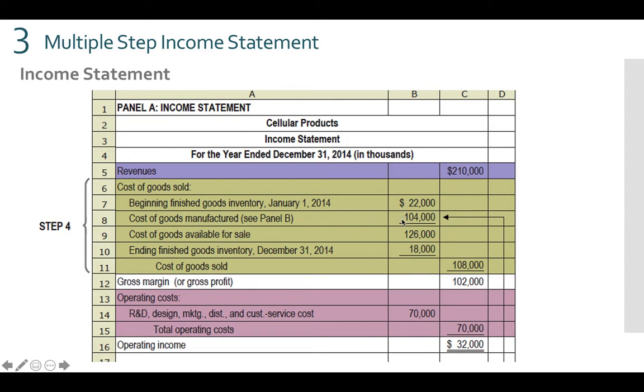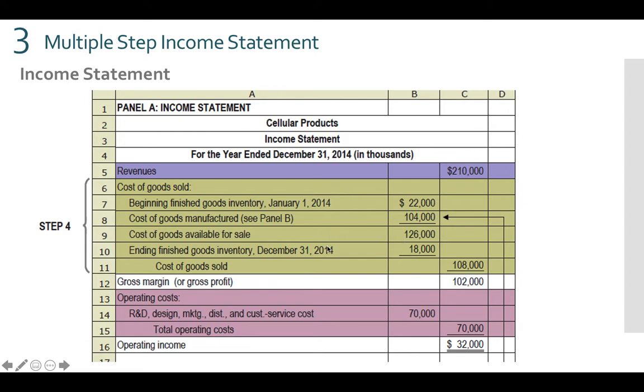For example, it is 104, so the cost of goods available for sale would be 126. We got this from 22,000 plus 104,000. So we got 126,000 cost of goods available for sale in 2014.